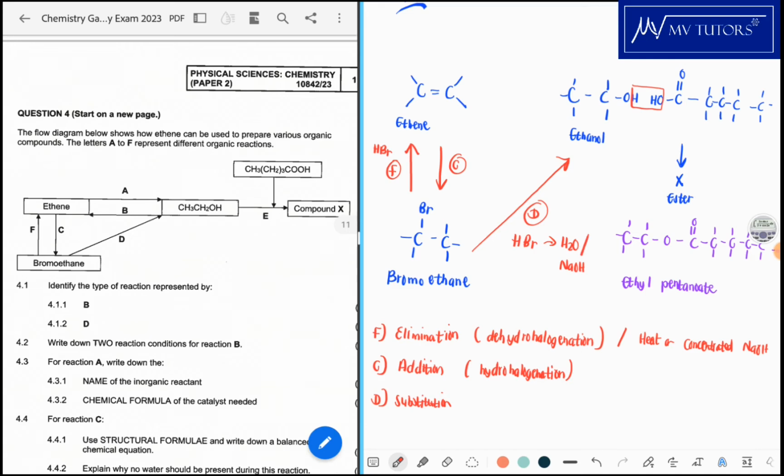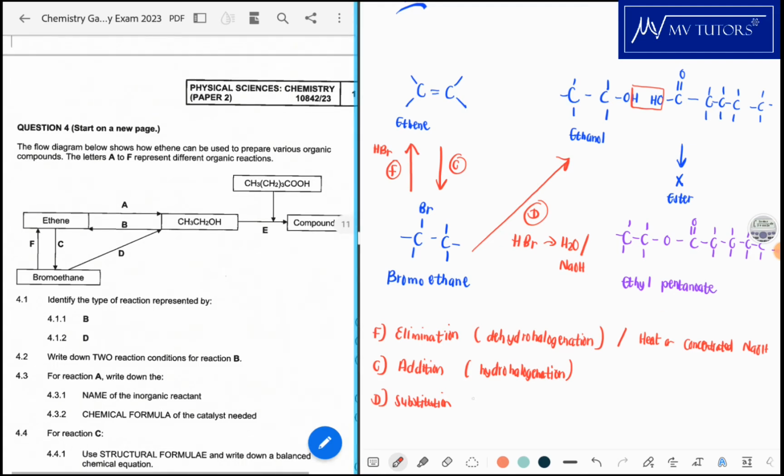So we don't really know, but all I know is at the end our product will be alcohol, and if we did it with water, it would be alcohol and a hydrogen with a halogen. Okay, or if we did it with sodium hydroxide, it would be alcohol with the sodium and the halogen. Okay, so we don't know. We really don't know. But basically, that's a substitution reaction called hydrolysis.